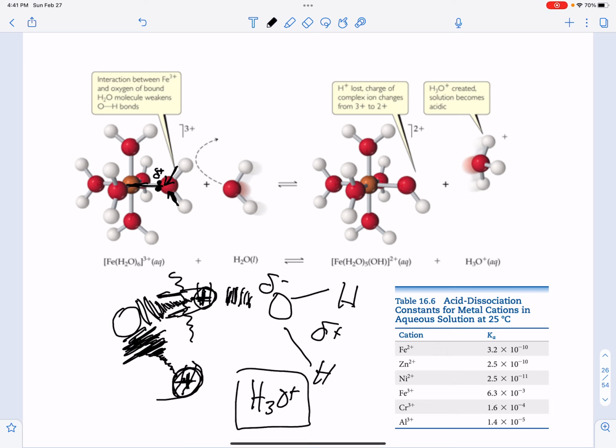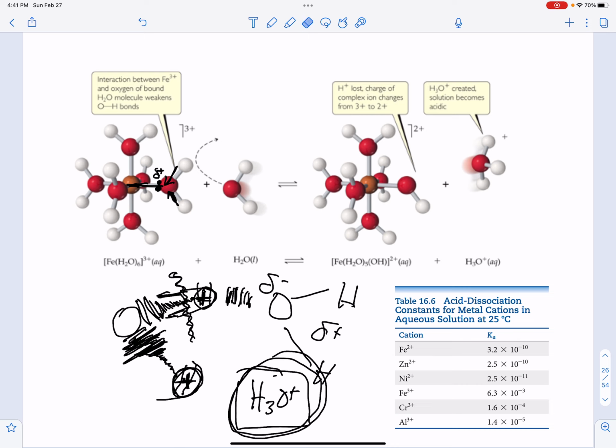So on the traditional definition of an acid being able to donate protons or being able to produce hydronium, it cannot donate protons, so it's definitely not going to behave like a Bronsted-Lowry acid. But it's going to increase the amount of hydronium in the water by virtue of having a very weak oxygen and hydrogen bond.